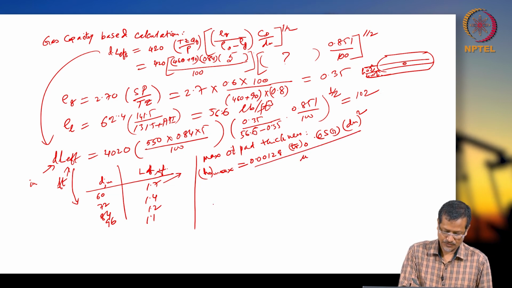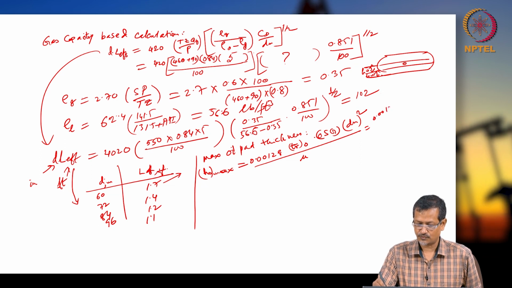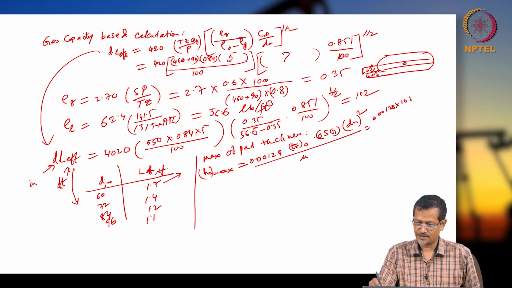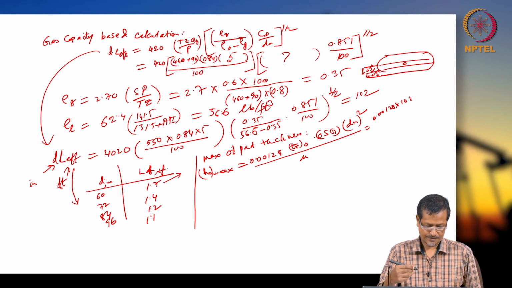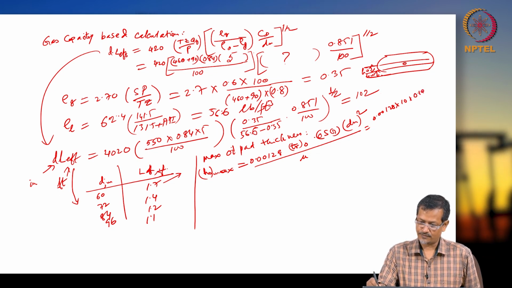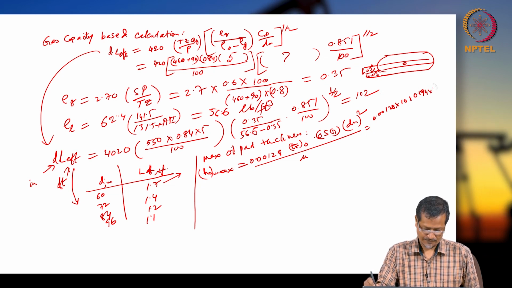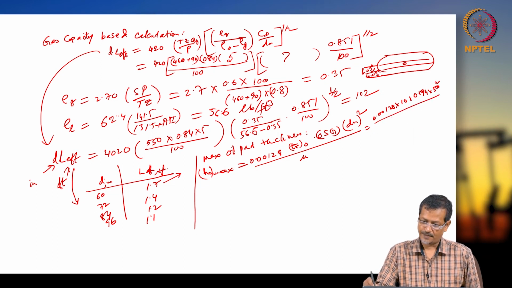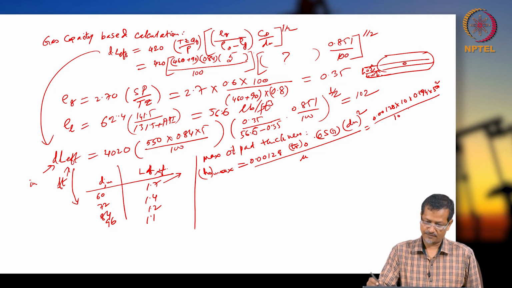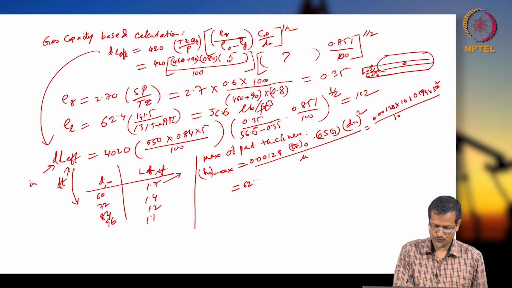If I put in all the data: 0.00128, TR is 10, del SG I have already obtained as 0.194, dm 500 squared, divided by the viscosity of oil, 10. Finally this value comes as 62.1.